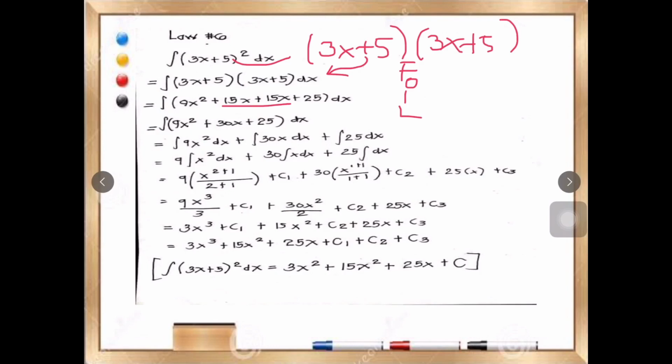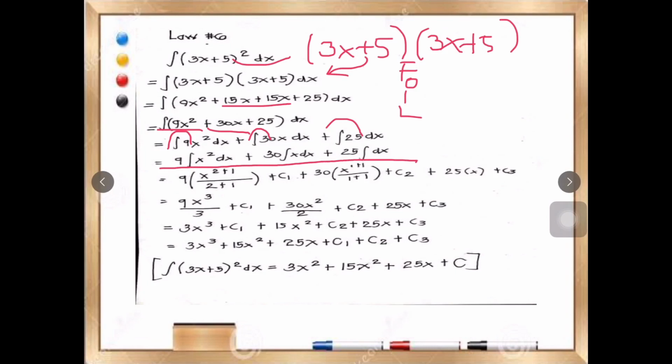Then, integrate na natin sila. 9x squared dx plus 30x dx plus the integral of 25 dx. Then, ilalabas natin yung 9, yung 30, and then yung 25. Ito na yun.